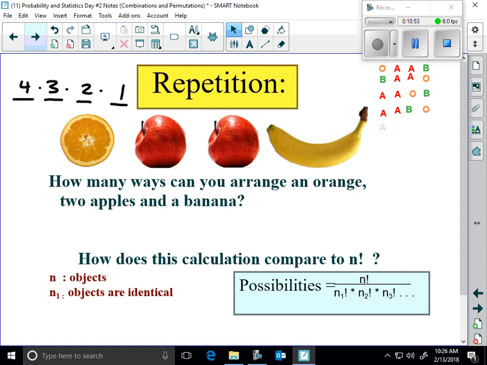I could have apple, apple, banana, orange. I could have apple, apple, orange, banana. Whew, let's keep going. I could have the 2 apples at the end. Banana, orange. Oh gosh. I could have apple, apple, banana, orange in that way.